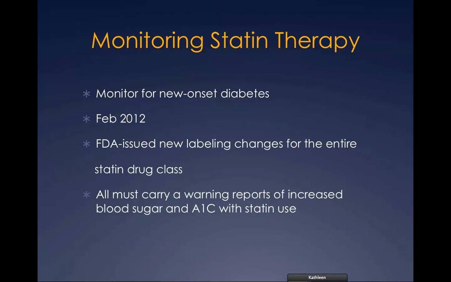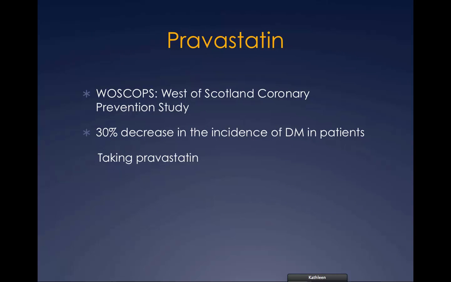When patients are on statins, you want to monitor for new onset diabetes. The FDA issued new labeling changes for the entire statin drug class. All must carry a warning reporting increased blood sugar and hemoglobin A1C with statin use. Pravastatin: there was a study done in Scotland, the West of Scotland Coronary Prevention Study.